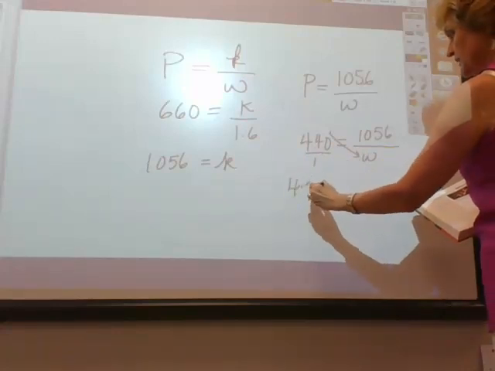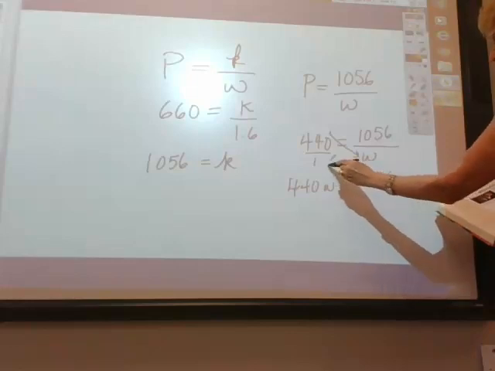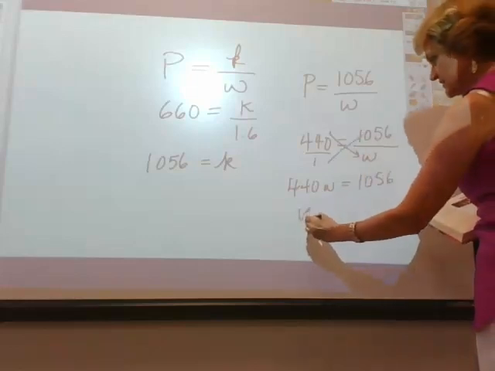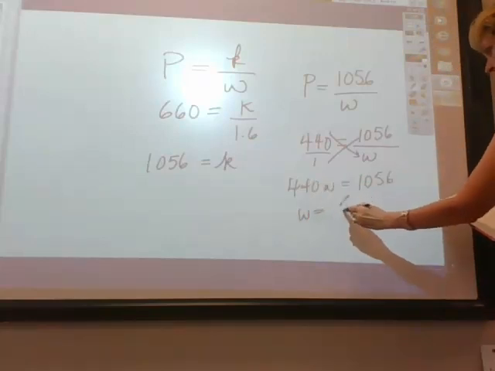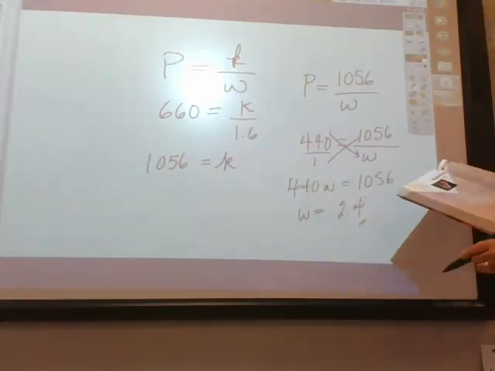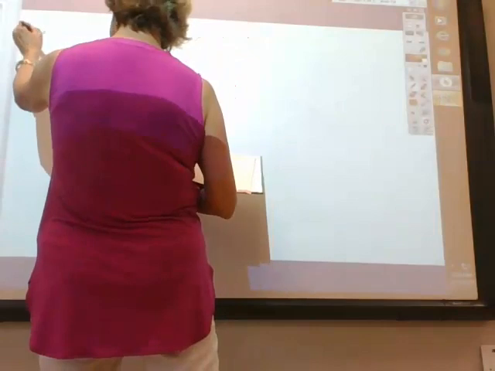So 440 W equals 1056, cross multiplying. So W will be 1056 divided by 440, so 2.4. All right, go back through if you need to watch that example again, or look at the book. And let's do C and D. Last try this of the chapter.